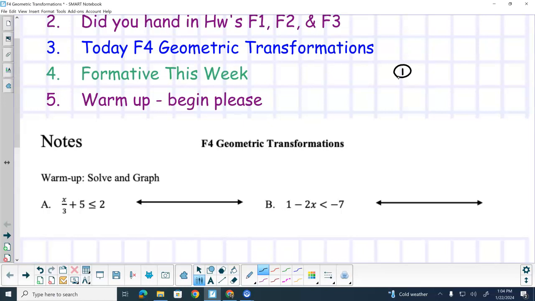What was the first thing that we cleared? Parentheses. We first clear out our parentheses. Then we clear our fractions.